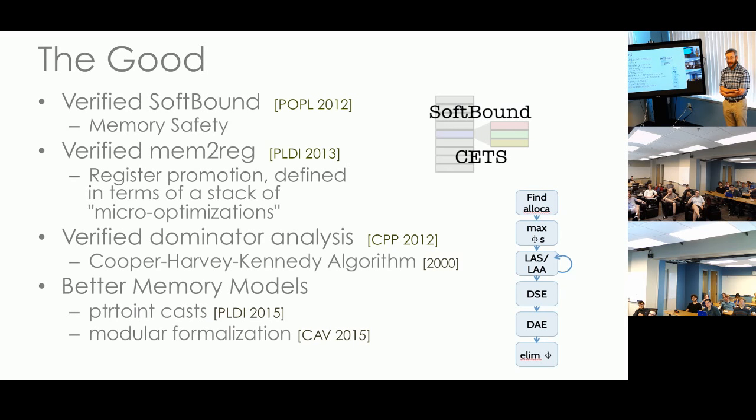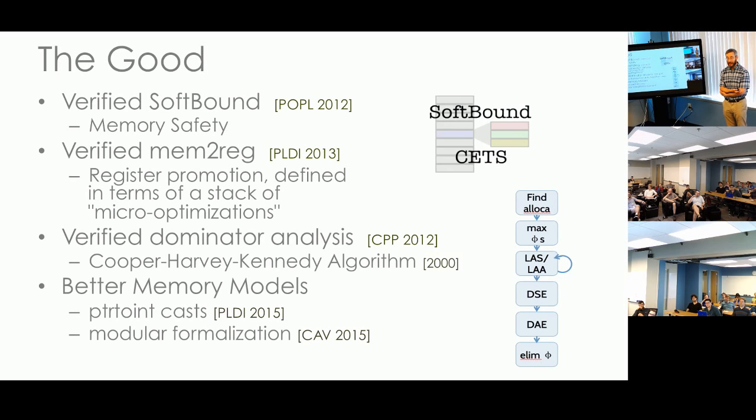And the other thing that we found useful is decomposing complicated program transformations like our mem to reg pass into many, many, many tiny little transformations that are much easier to reason about in isolation. Of course, there are some trade-offs for that I'll get to.